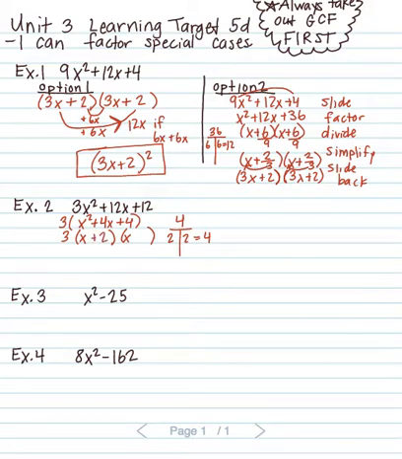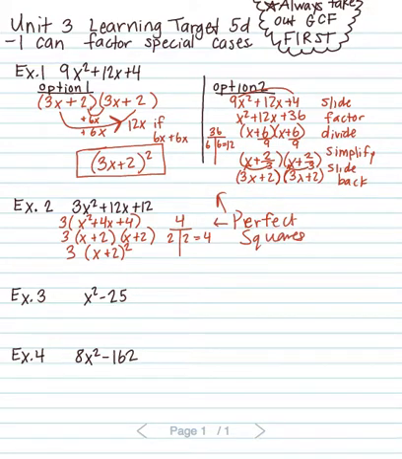So we put a plus 2 and a plus 2. Again, this is special because since it's the same two things, we can write x plus 2 squared. That's what makes it special. These things are perfect squares.